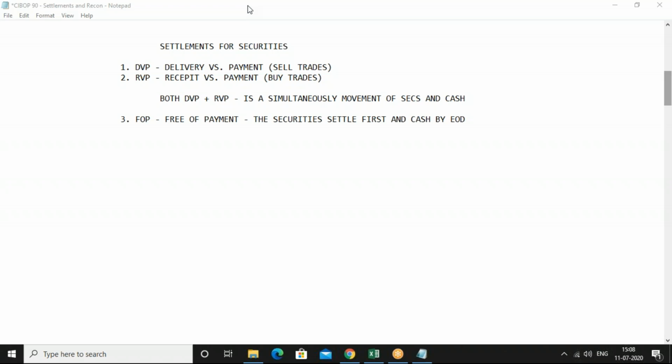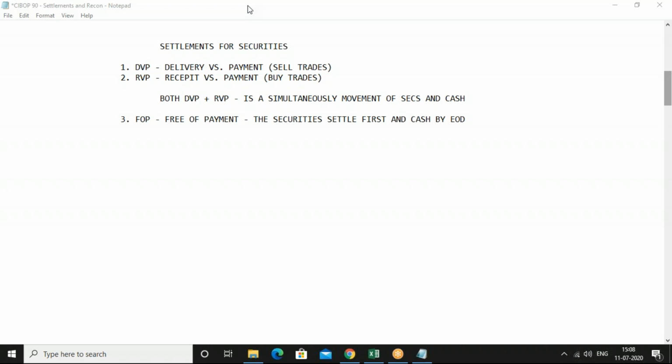Now, if it is a buy trade where I'm supposed to get the shares from you and I have to pay you, if I don't have cash, will you deliver the shares to me? Exactly. So that is why with DVP and RVP, both of us need to have our positions in place.